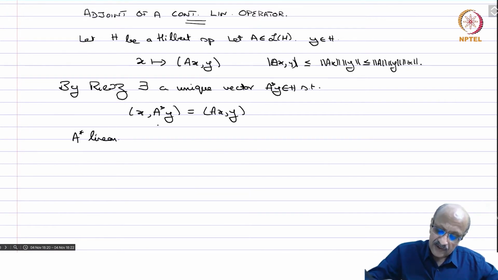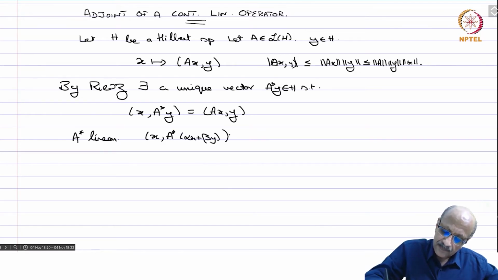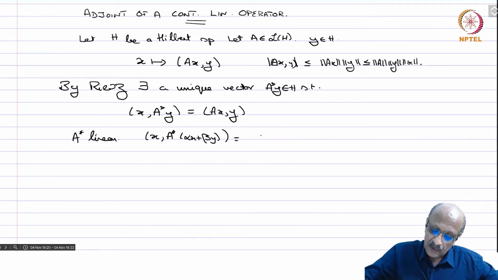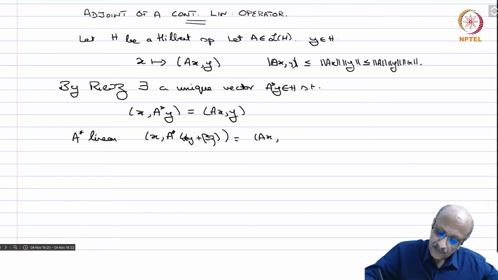Let us check that. Since we are always dealing with complex spaces, it is better to check it once and for all. So let us take (x, A star (alpha y plus beta z)). This is equal to (Ax, alpha y plus beta z), that is (Ax, alpha y plus beta z).